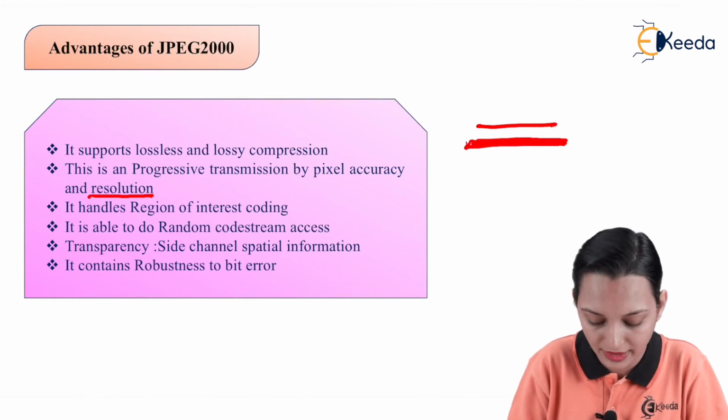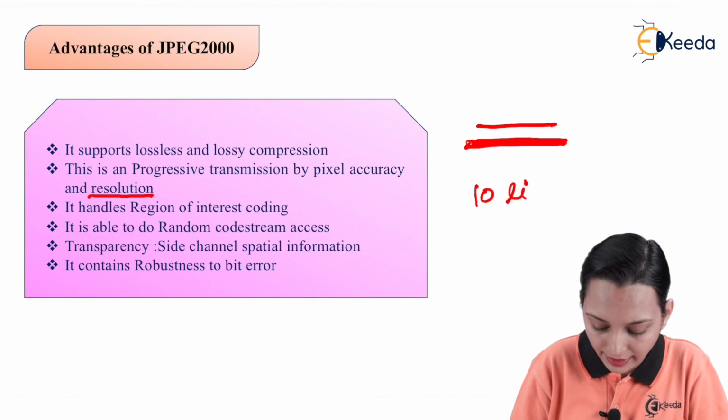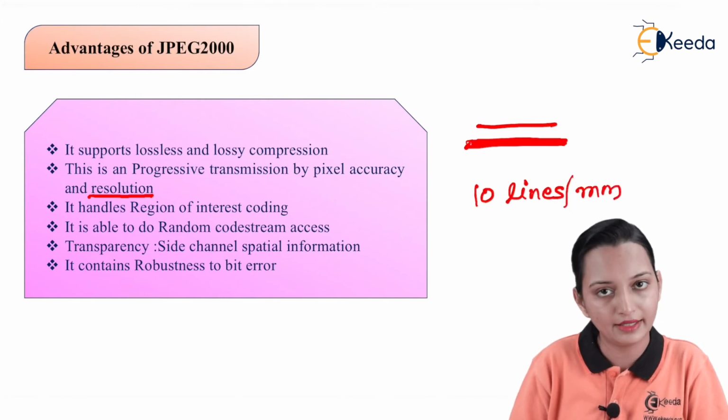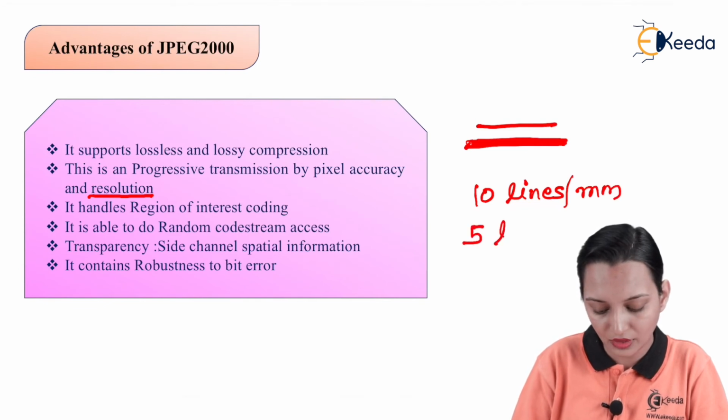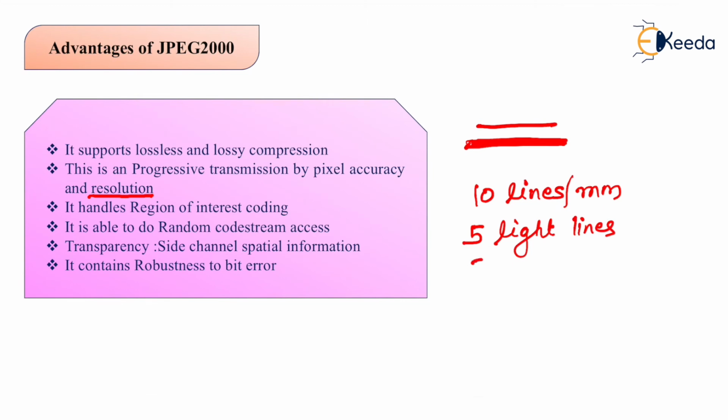For example, for a photographic lens we require 10 lines per millimeter. Indirectly there will be 5 light lines and 5 dark lines, which are compulsory and non-overlapping.